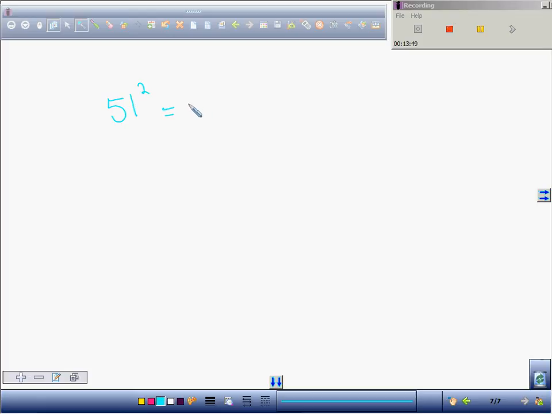Okay. So, I could write this as 50 plus 1 squared, okay? Which is, using my formula, 50 squared plus 2 times 50 times 1, plus 1 squared.